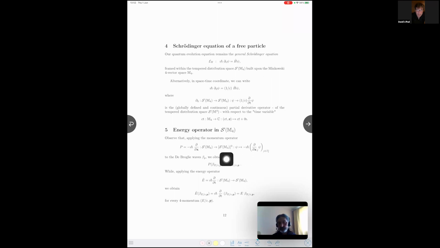All is standard. I show you only the definition of the momentum operator, which is obviously linear and continuous because the derivative operators in the space of tempered distributions are continuous, besides linear. And this is the definition of the operator P, which obviously intervenes in the definition of H. And here we have the energy operator, but this is not very important.